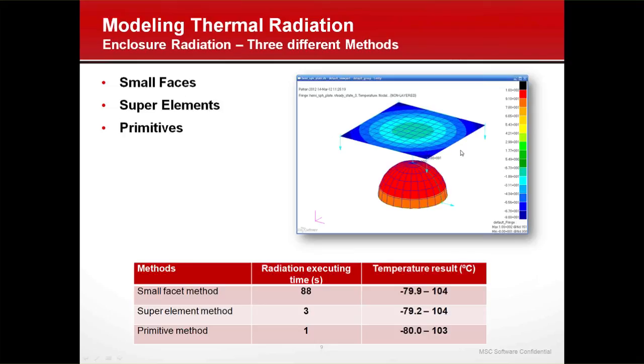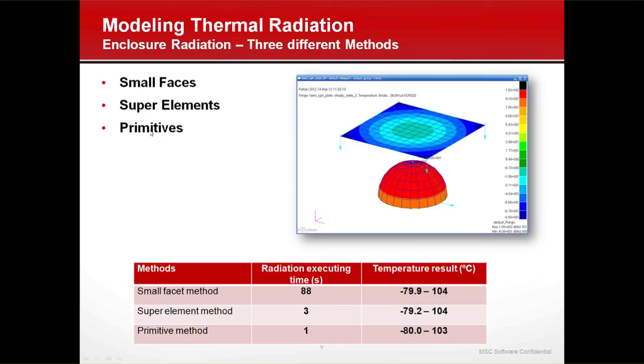We can do something called super element, where we'll group all these small little elements, or all these elements on this hemisphere, into one radiation super element, and then in that case we'd only have one view factor between these two surfaces. To take maybe CAD geometry that you mesh kind of finely from a conduction standpoint, we can then group some of these elements together and make larger radiation elements if we want.